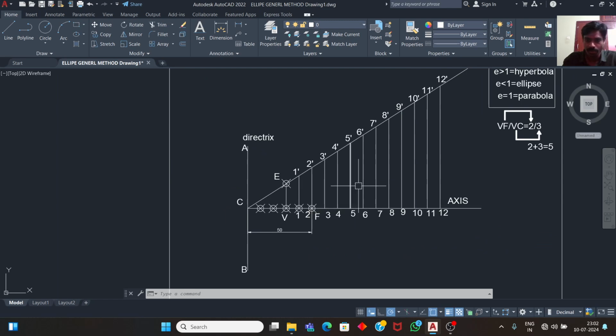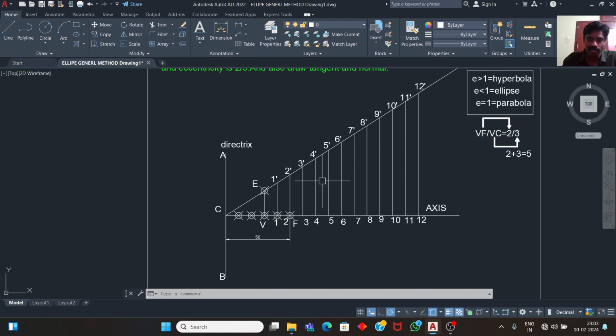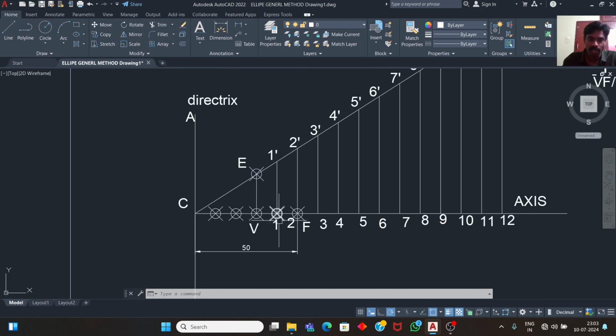Now I am going to take points on these lines, with the help of this radius, 1 to 1 dash as the radius and F as the center, to make points on these vertical lines.